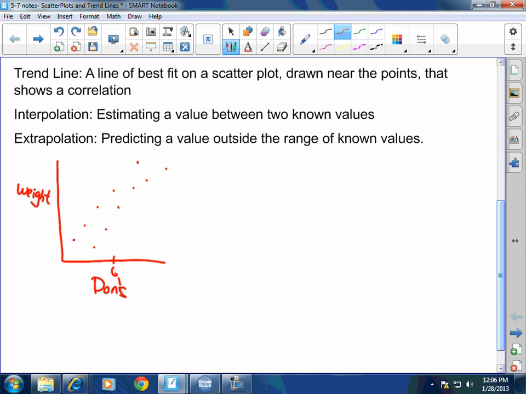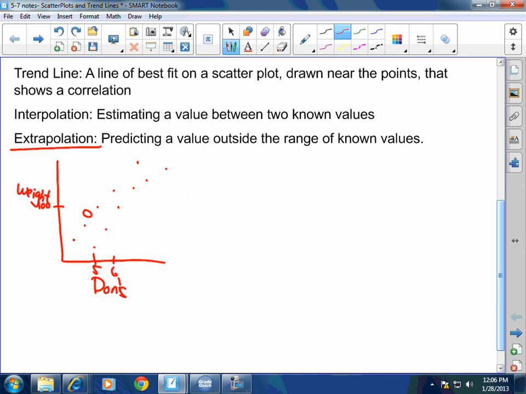Let's just say that this was 6, and this is pounds, and this is at 100 pounds, for giggles. If I want to estimate the weight that you will have when you're eating 5 donuts a day, there's no real point for it here. It's an estimate. So you do an estimate between these 2 values. That's what interpolation is.